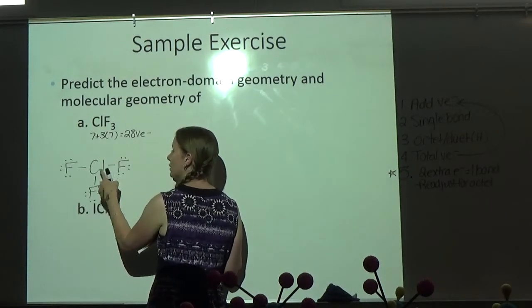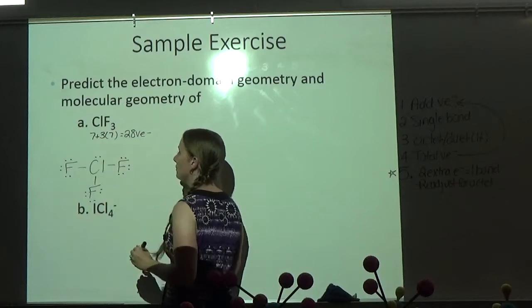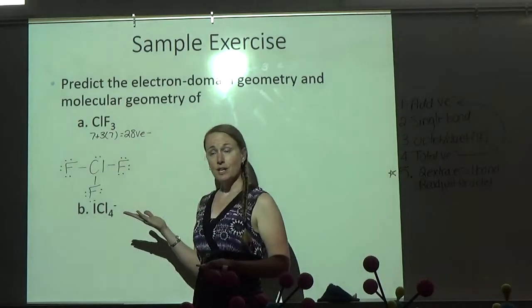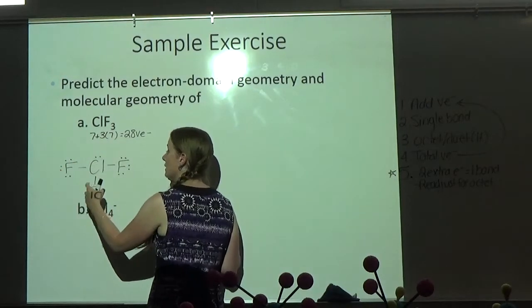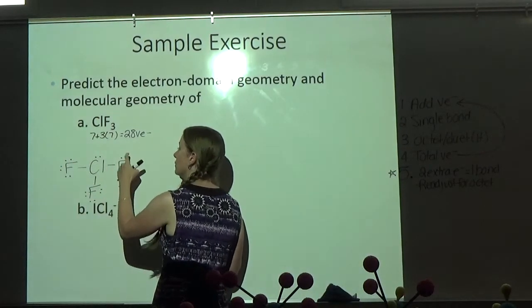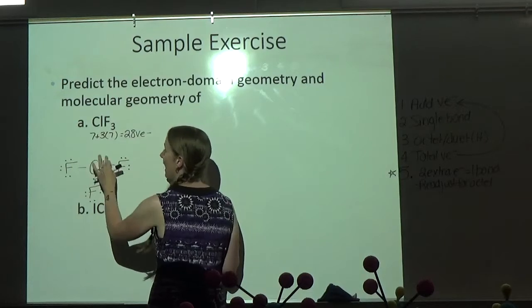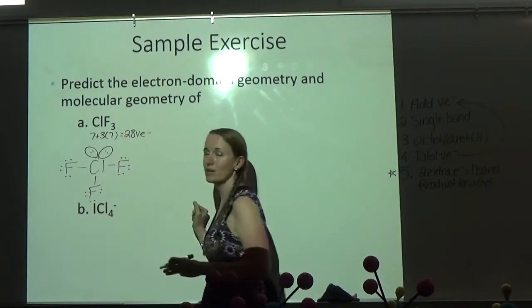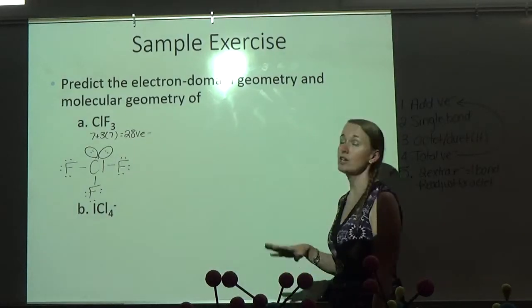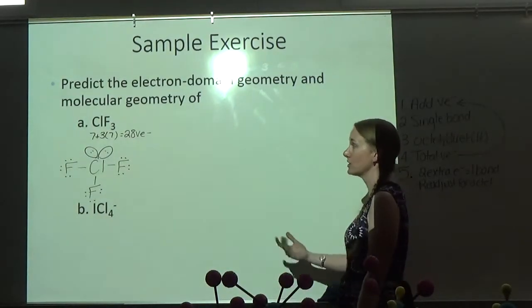And then chlorine has 2, 4, 6, so it needs 2 more. Last step is check my total. I have to have 28. I have 2, 4, 6, 8, 10, 12, 14, 16, 18, 20, 22, 24, 26. So I have no choice but to give chlorine 2 more pairs of electrons, 4 electrons total.